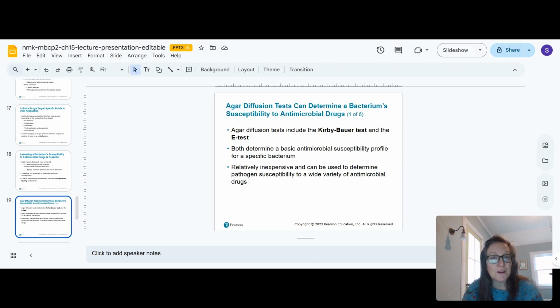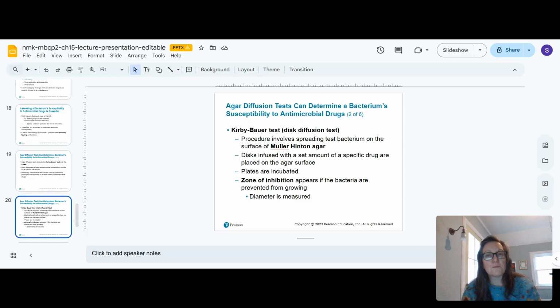And that's one that we're going to be doing in lab. This type of test can look at how susceptible a bacteria is, based on a spectrum. All right. It's pretty inexpensive to do and can test a variety of drugs.